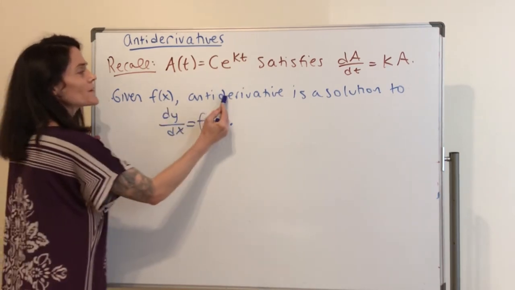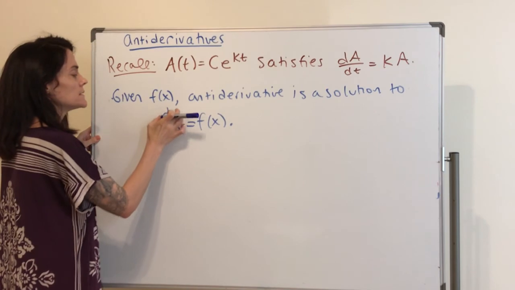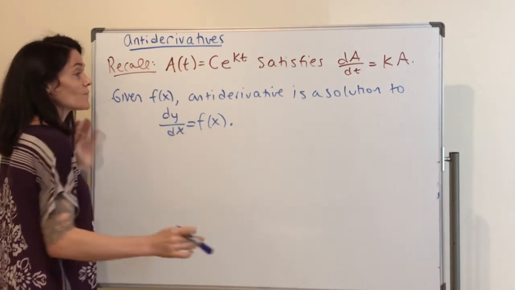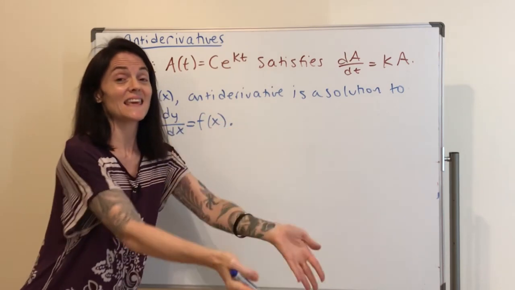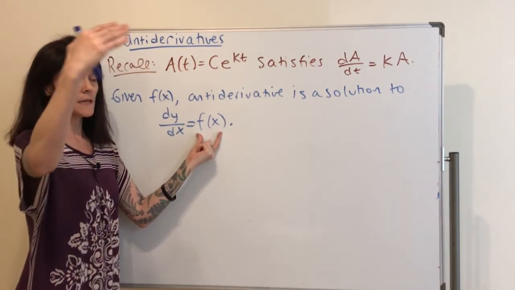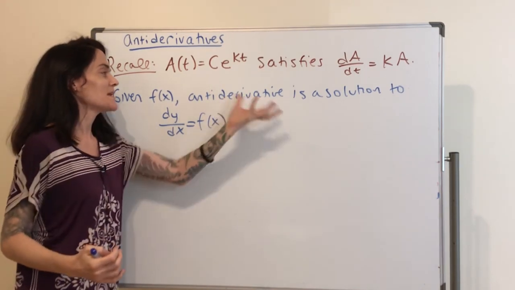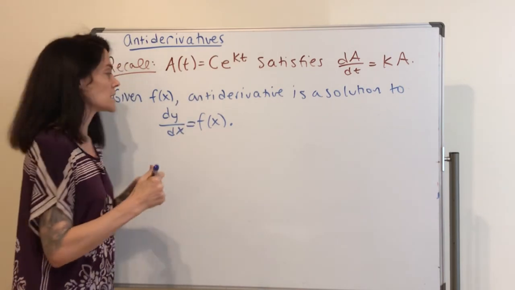So an antiderivative satisfies dy/dx is little f. What does that mean? It means I'm handing you the derivative f of x. And the answer, which would be an antiderivative here, is what would be the original function.